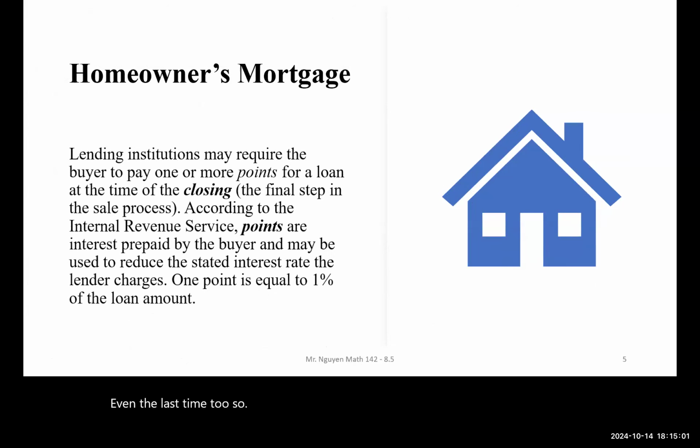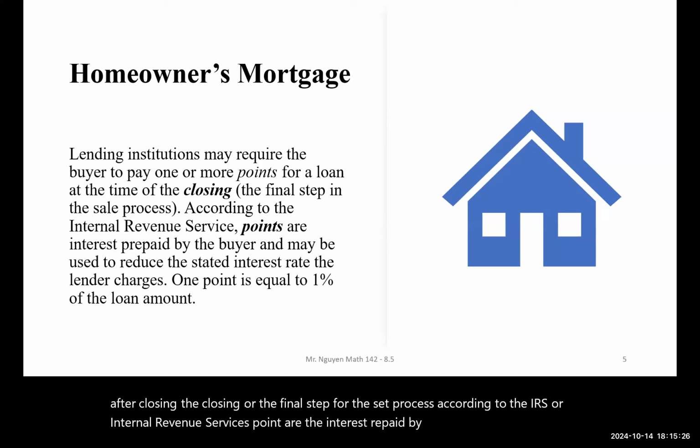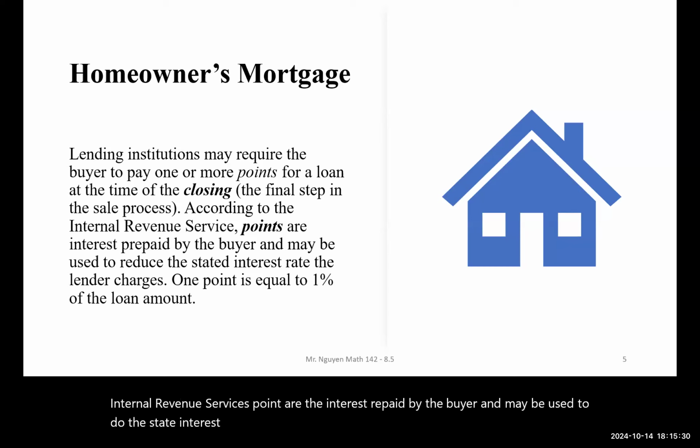So the lending institutions may require the buyer to pay one or more points of the loan at the closing, or the final step of the sale process, according to the IRS, or Internal Revenue Service. Points are interest prepaid by the buyer and may be used to reduce the interest rate.